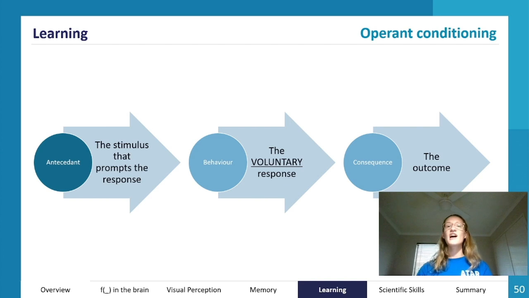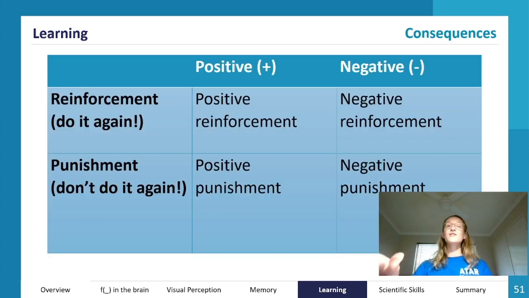So that's the basic outline of operant conditioning. The whole thing with operant conditioning, like we said before, is that our behavior is controlled by its consequences and outcomes. Our outcomes could be positive reinforcement, negative reinforcement, positive punishment, or negative punishment.